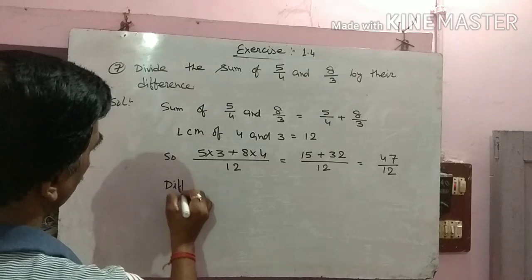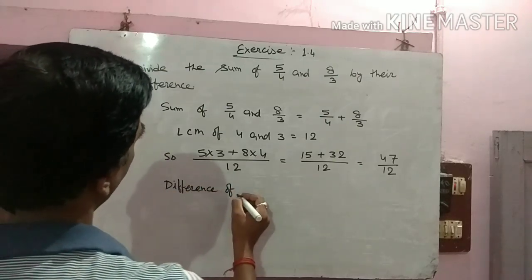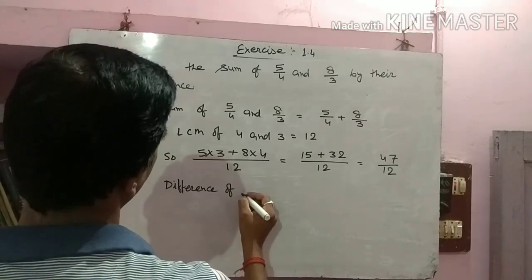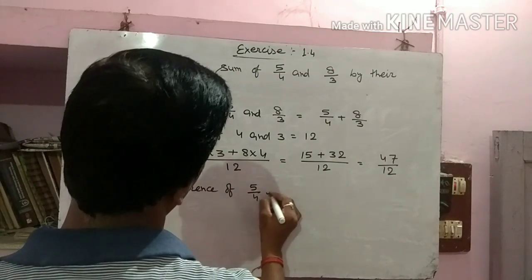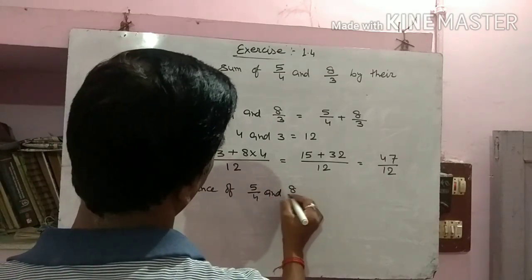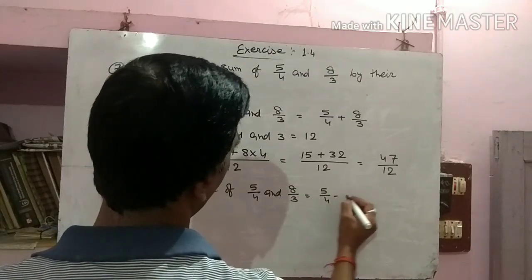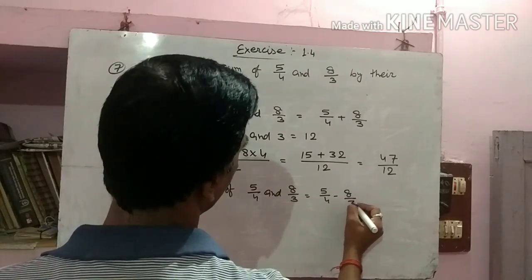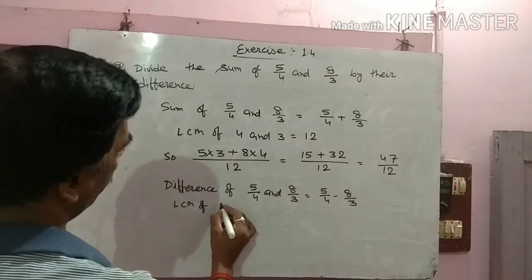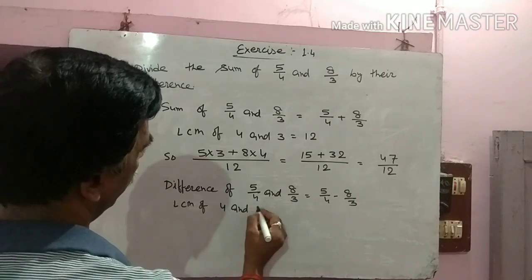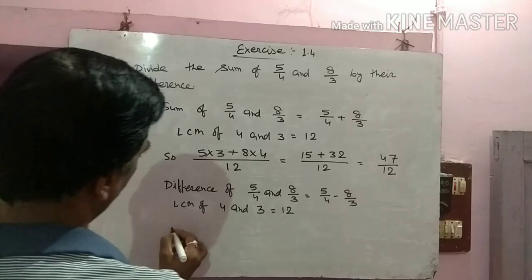The next one is the difference of 5 by 4 and 8 by 3, equal to 5 by 4 minus 8 by 3. Same, LCM of 4 and 3 is equal to 12.